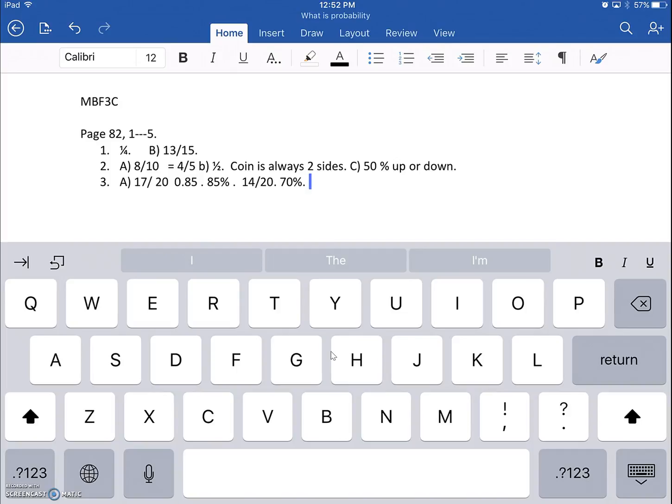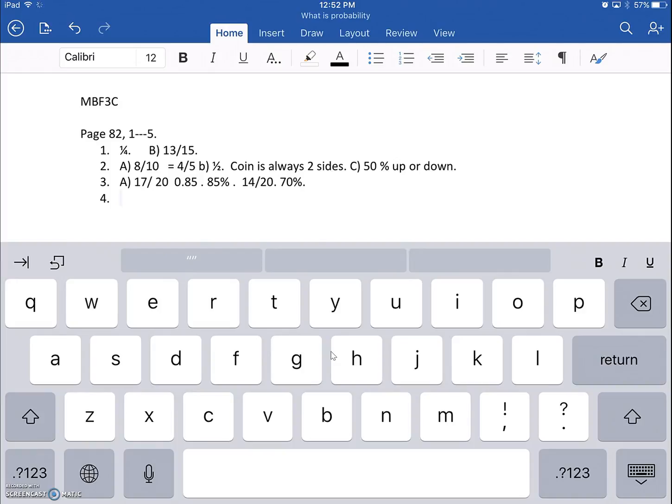Now we focus on the fourth one. Question number 4. A random number generator is used to simulate the result of rolling a die 30 times. The results are shown in a table. In this table, the outcomes are 1, 2, 3, 4, 5, 6, because it's a die, so 6 sides. Outcome 1 has a frequency of 4. Outcome 2 has a frequency of 6.